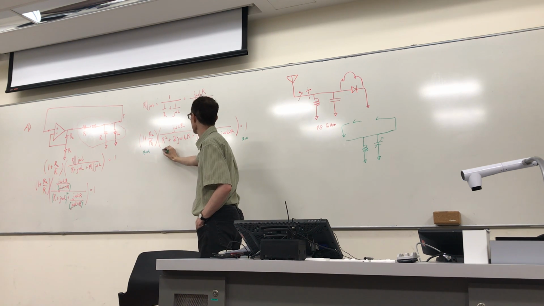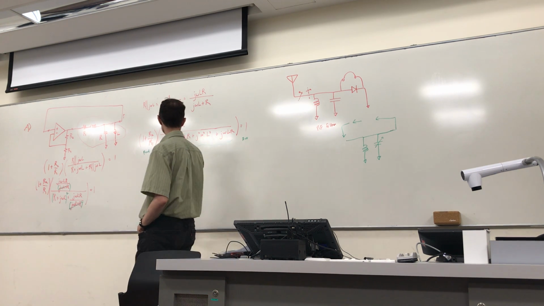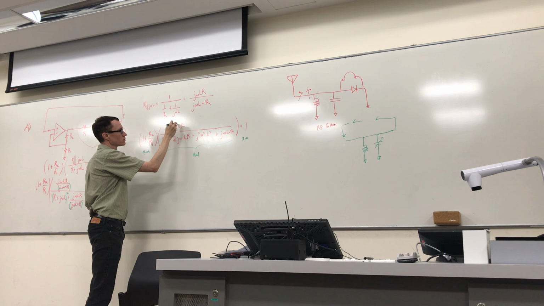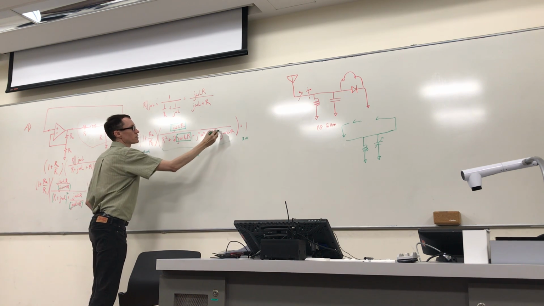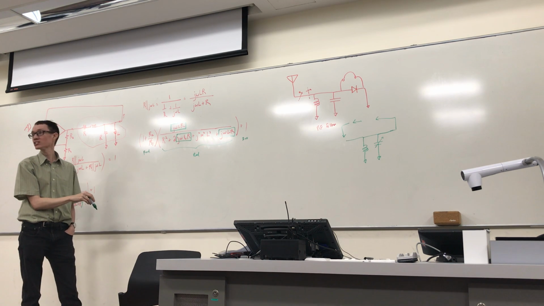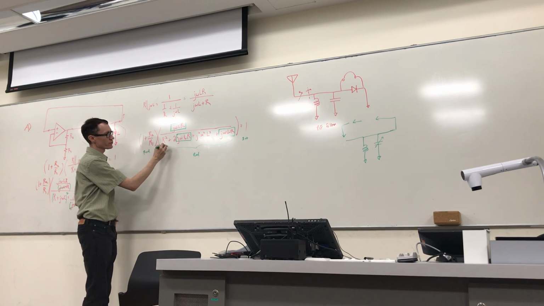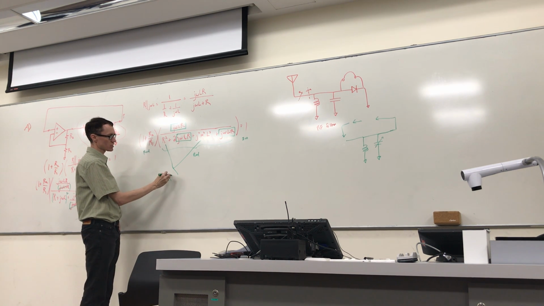So all this has to be real, which means that this term needs to cancel with these two terms right here, which are both imaginary. These two terms are real. So the two real terms, they need to add up to 0 so that we get a purely imaginary denominator.